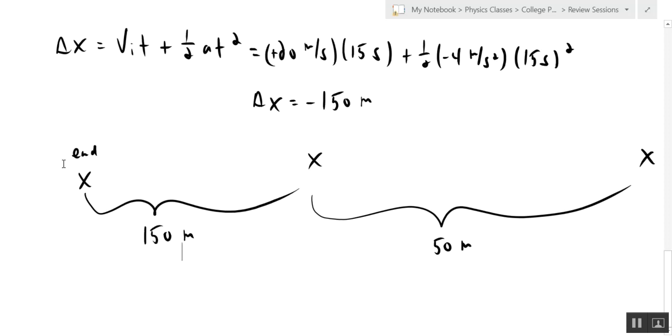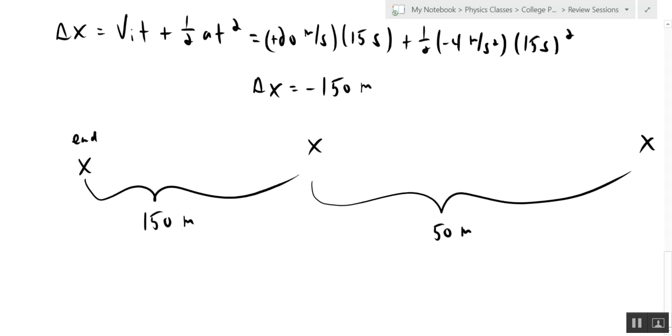So what's the total distance again? 250 meters, correct? 50 meters gives you 100 meters, and then another 150 meters. Does everyone see that? It's 2 times 50, because it's forward and back, plus this extra 150 meters. So it's 250.